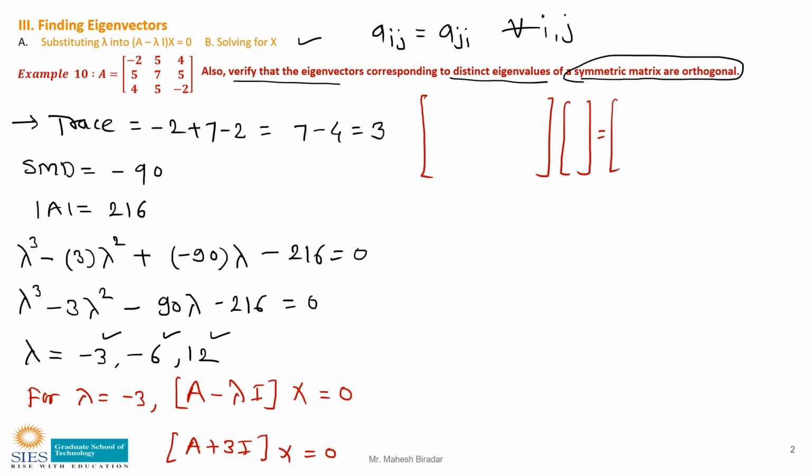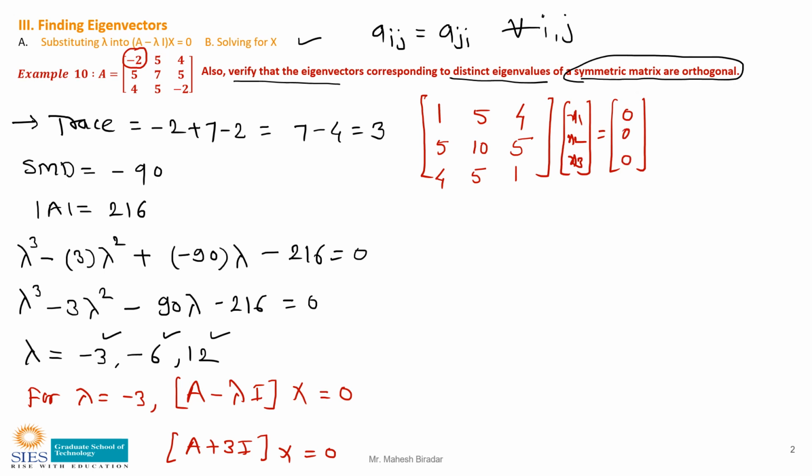So the given equation reduces like this: minus 2 plus 3, which is 1, 5, 4 in the first row. Then 5, 7 plus 3 is 10, and 5. Then 4, 5, minus 2 plus 3 is 1. So these are the three components x1, x2, x3 and 0, 0, 0.